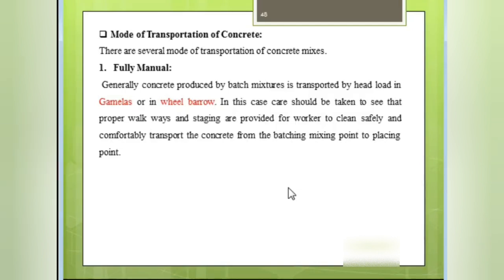Generally, this is for a small construction site, like a row house or a single room. You may have observed near your home that they prepare the complete concrete manually, and with the help of gamelas they transport it to the column, beam or slab. That is only manual concreting.